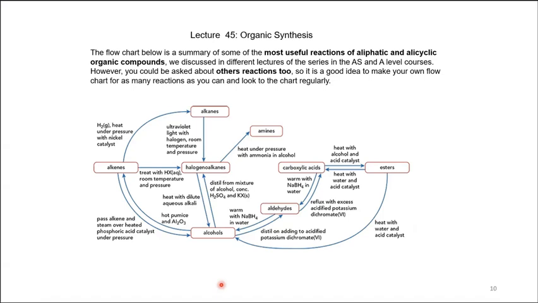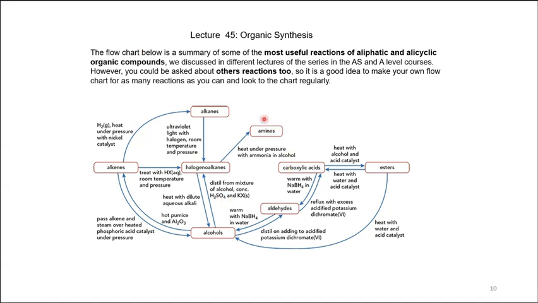Well, I'll take another 3 or 4 minutes to complete the organic reactions. We have been discussing the more important reactions of aliphatic and alicyclic organic compounds, and we discussed them in the last several lectures of the AS and A-level courses.